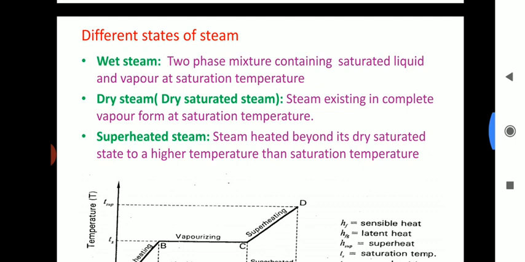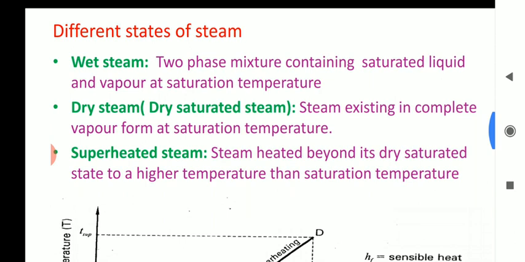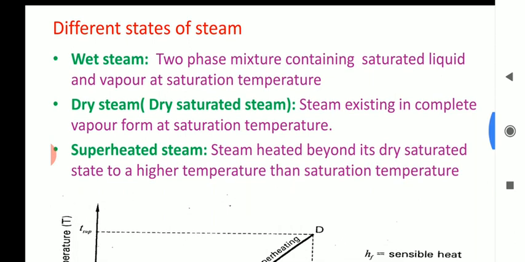That means it consists of liquid and vapor, the mixture of liquid and vapor. So that is called a wet steam. It can be defined as the two-phase mixture containing saturated liquid and vapor at the saturation temperature.